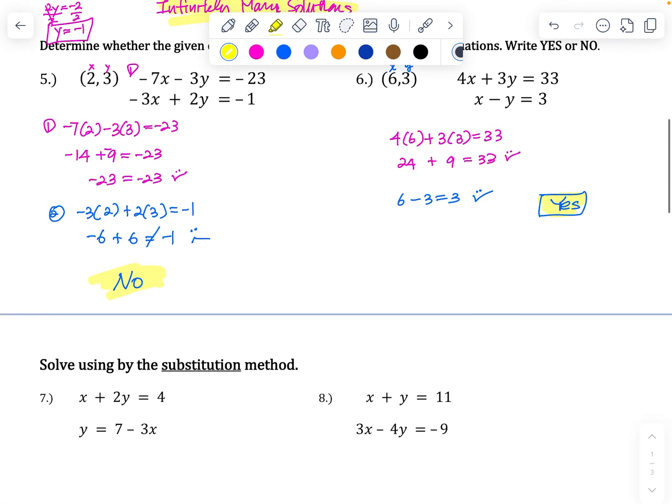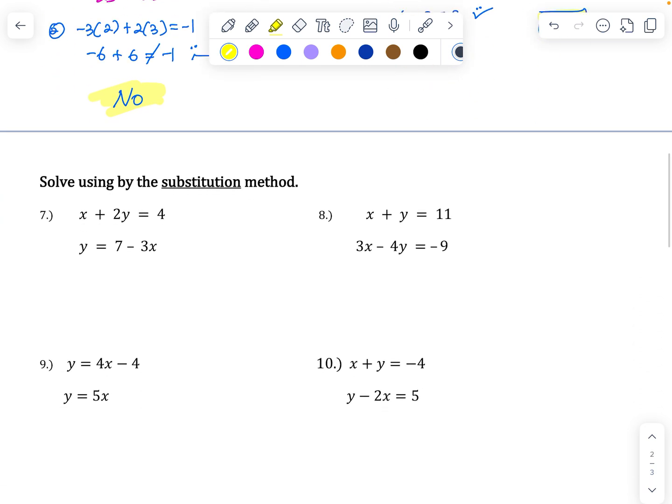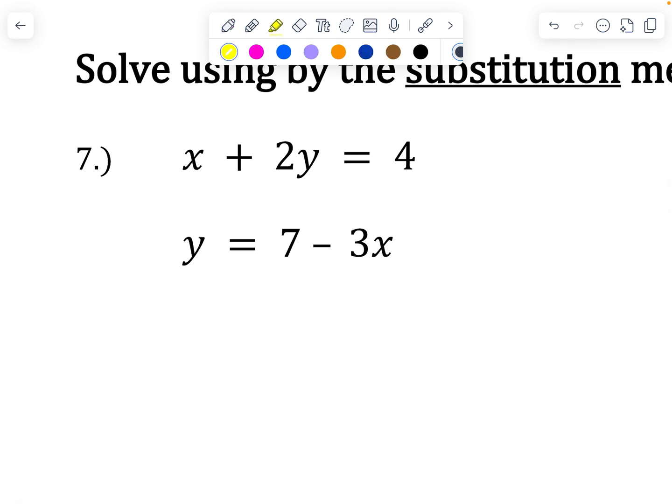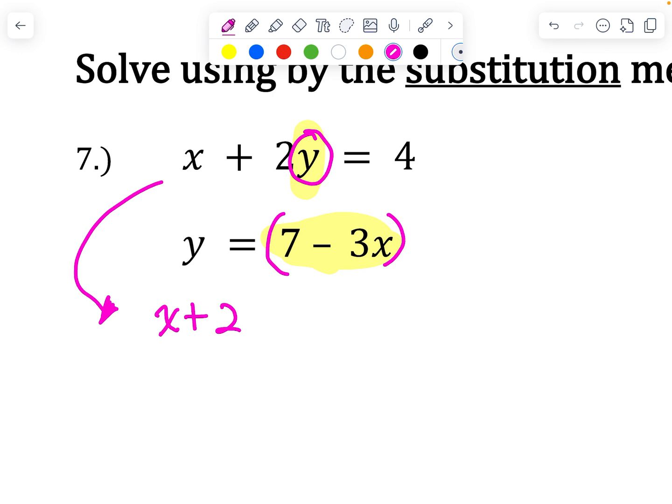All right, second page. Use substitution method to solve. So here we go. This is already isolated, so I'm going to substitute that in the place of y right there. Bring that equation down. So x plus 2 times y, and again, the whole quantity is the same thing as y, so I'm going to substitute in the place of y: 7 minus 3x equals 4.